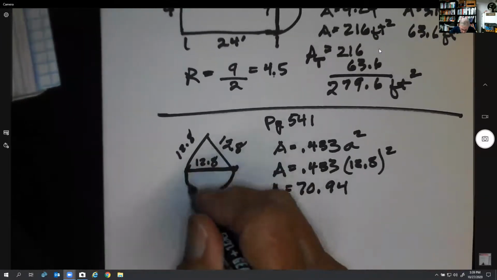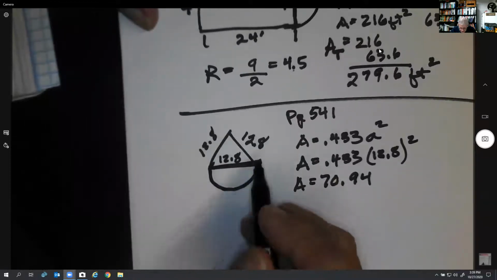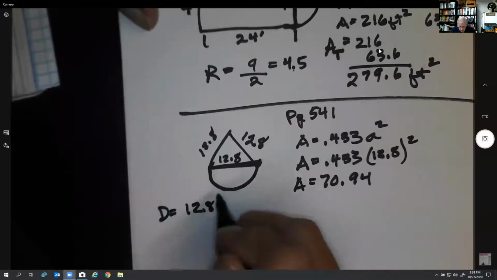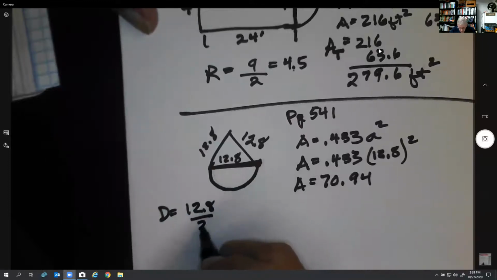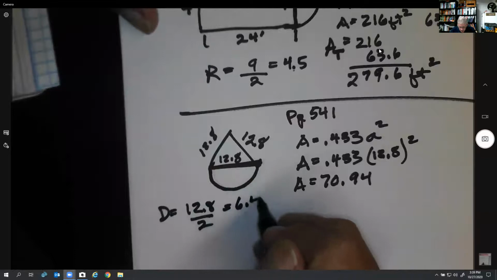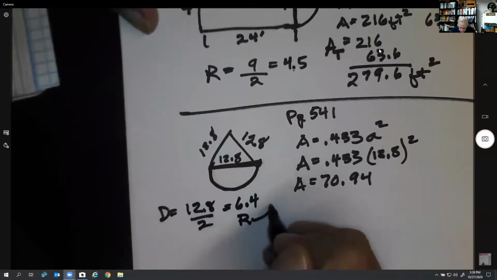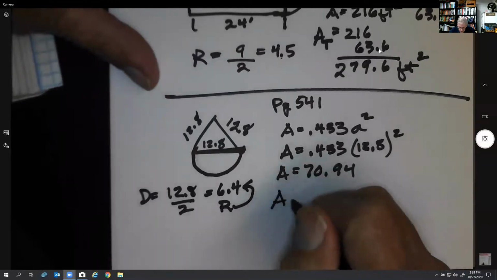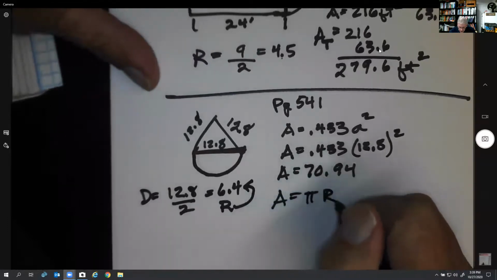Okay, now the circle. Well, again, this is the diameter. The diameter is 12.8. So we want half of that. Looks like 6.4. That'll be our radius. So area of a circle, pi r squared.